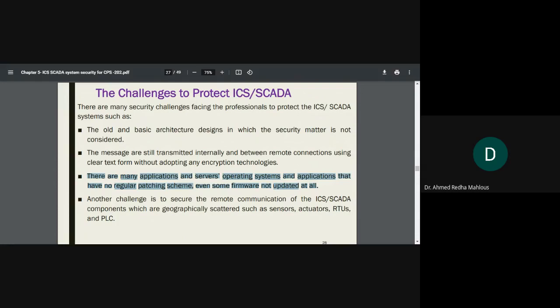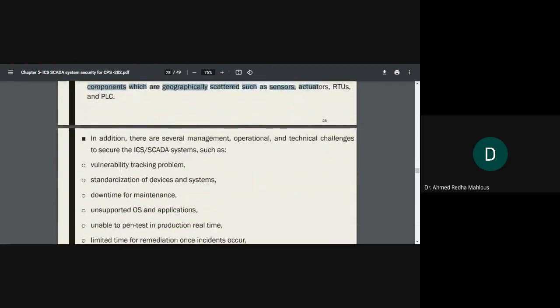And the problem is how to secure the remote device components, which are geographically scattered. They are put everywhere in the environment, like sensors, actuators, PLCs, RTUs, and they are remote, and they can be accessed by anyone in a specific field or area.